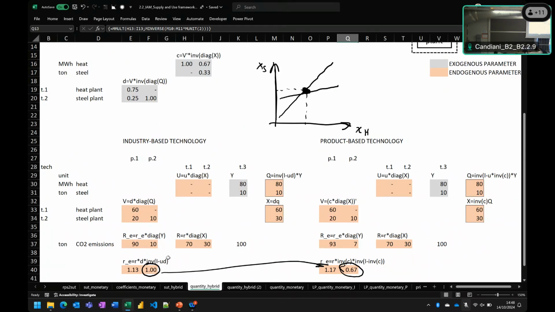So 1.17 is bigger than 1.13, and necessarily the opposite happens with the other technology. I think it much depends on the technology structure of the system. This is very simple. You can get this kind of general rules just because the sample is so small.